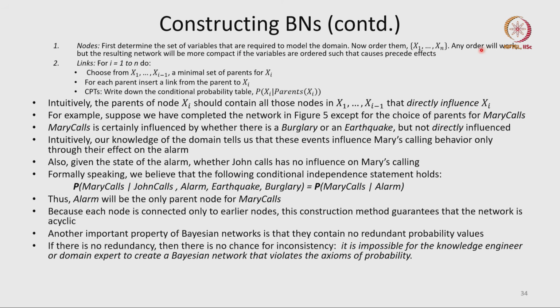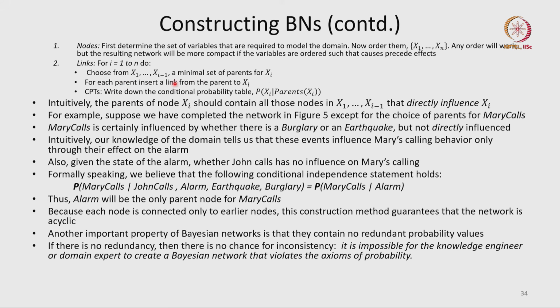Any order will work, but the resulting network will be more compact if the variables are ordered such that the causes precede the effects. So, the one which does not have any causes, for example, earthquake, can come first. And for each one, you find the minimal set of parents.